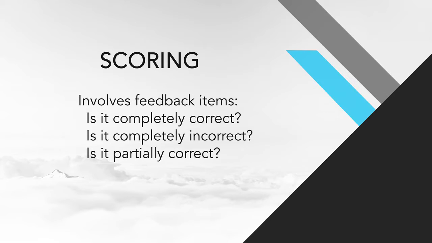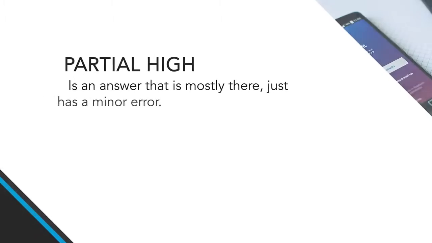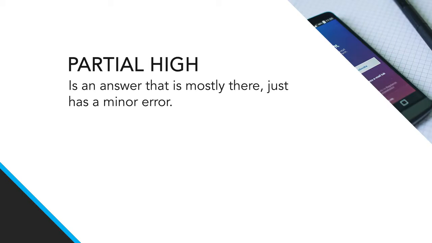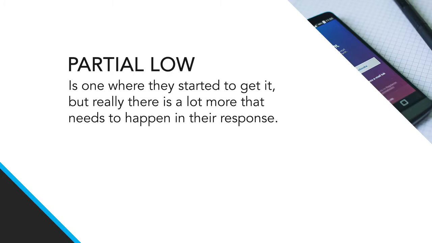When I get to the middle school and the high school levels, we end up needing things like a partial high or a partial low. A partial high answer is one that is mostly there, just has a minor error. And a partial low would be one where they started to get it a little bit, but really there's a lot more that needs to happen in that response.